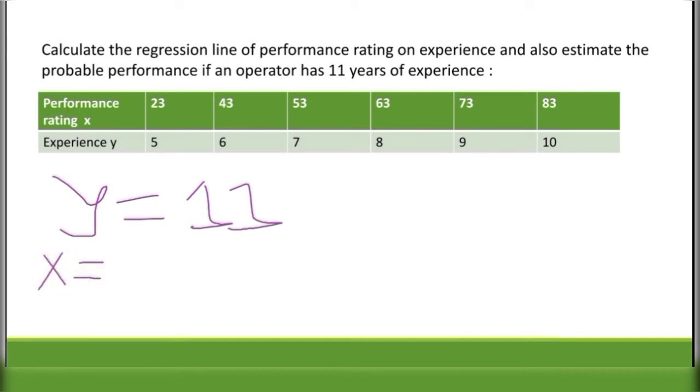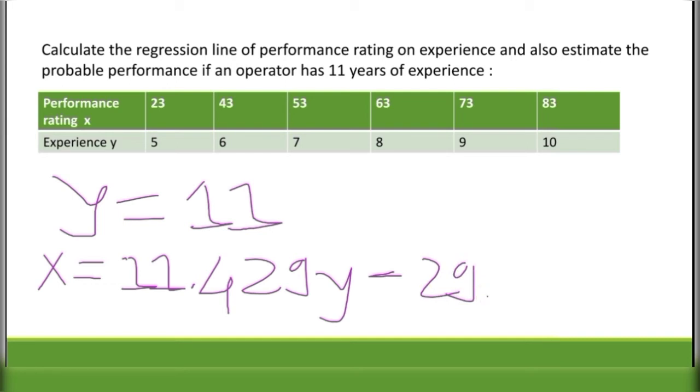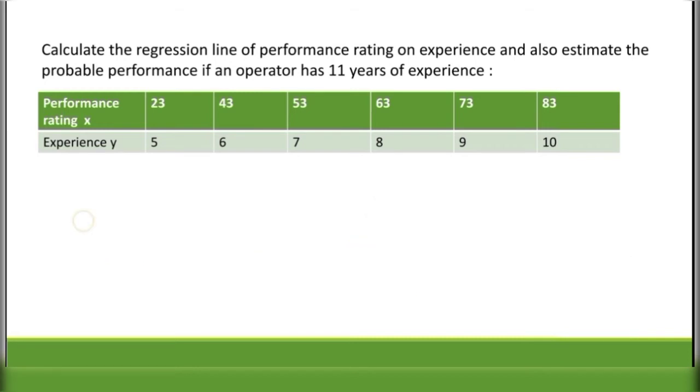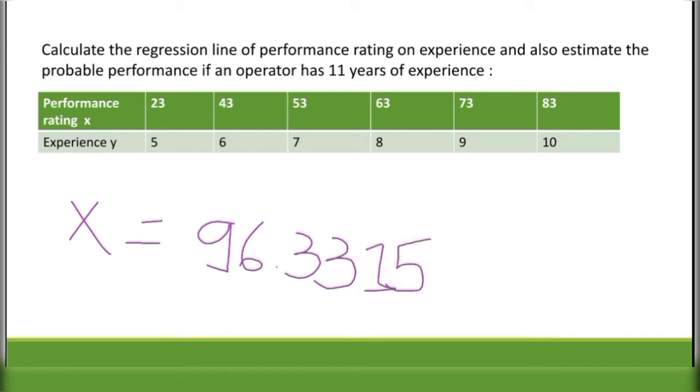We can do this very easily as we have got the equation x is equal to 11.429 into y minus 29.3875. Put 11 over here. So it will be x is equal to 11.429 into 11 minus 29.3875. On solving this, x comes out to be 96.3315.